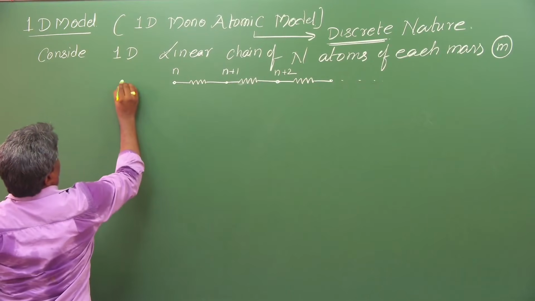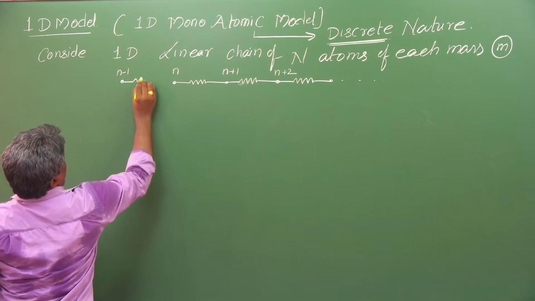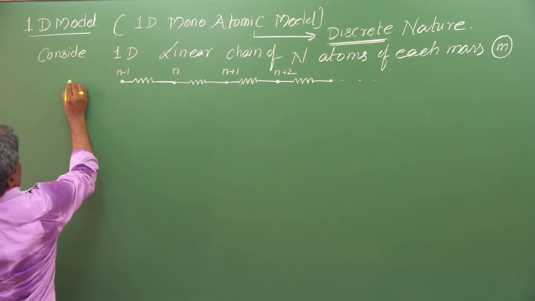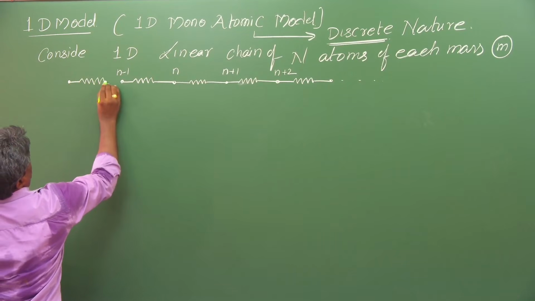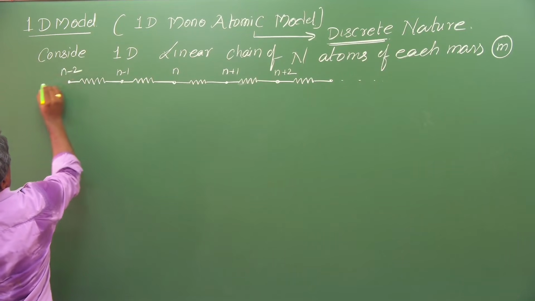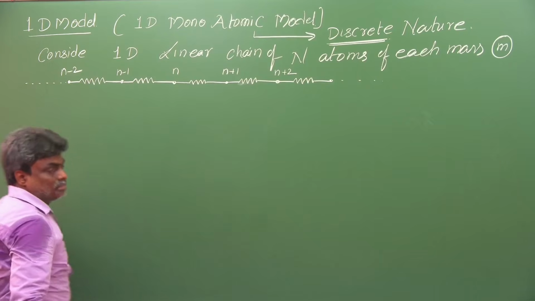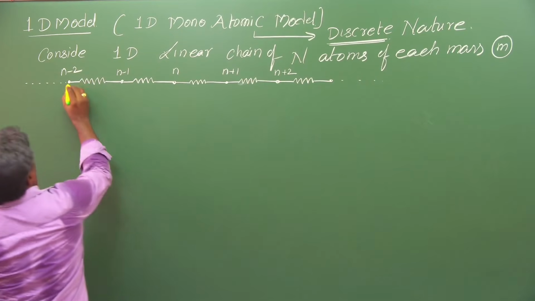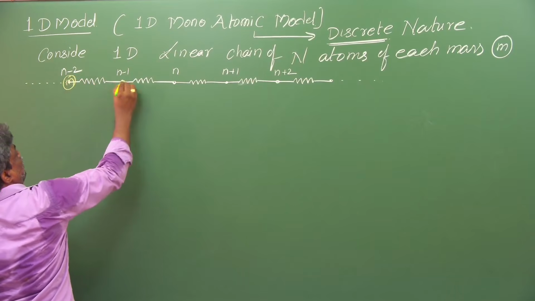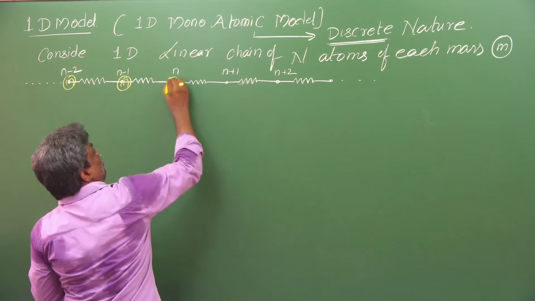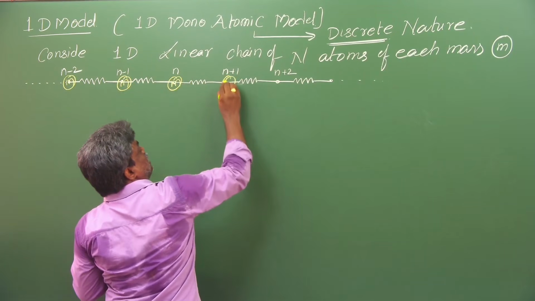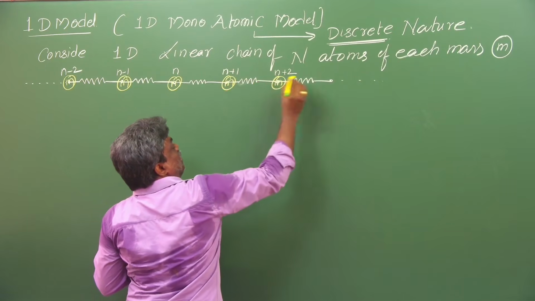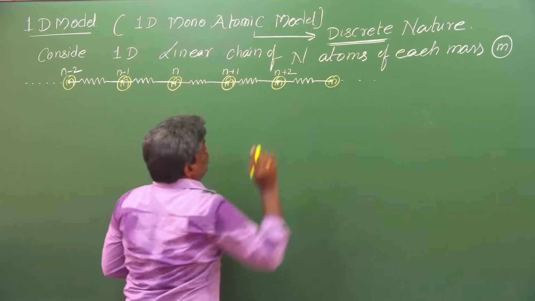And here you have the n minus 1th site coupled to n, and this is the n minus 2 site coupled to n minus 1, and so on. So this is the 1D lattice where you have a mass m at each lattice point. I request you please read the book after the class.